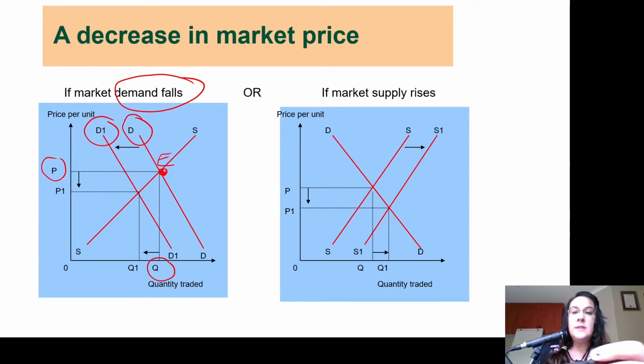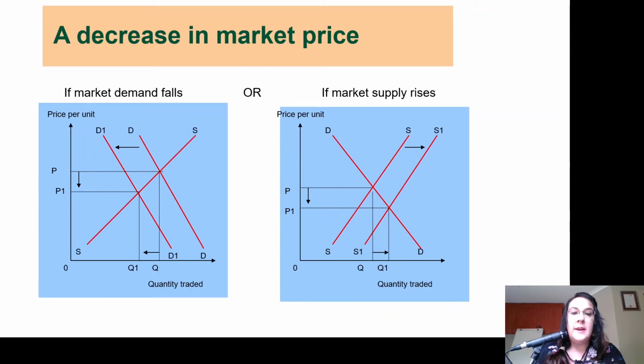Now, with this inward shift of the curve, my new equilibrium point is made between D1 and my old S curve, and this results in a new price of P1 and a new quantity of Q1. And we can see going from P to P1 that there has been a decrease in the price and an increase in the quantity.